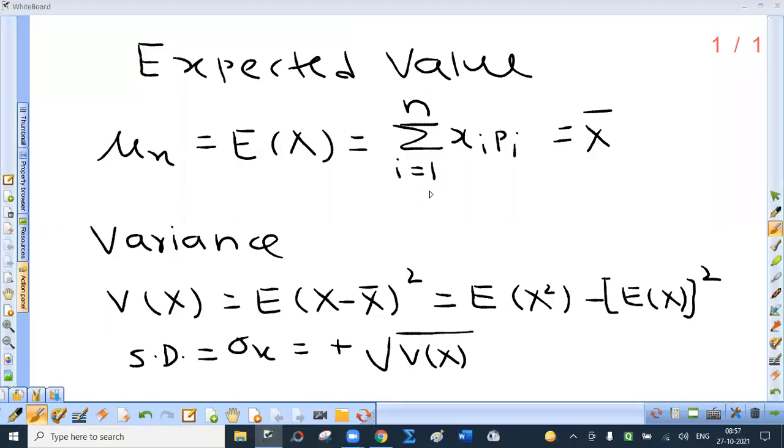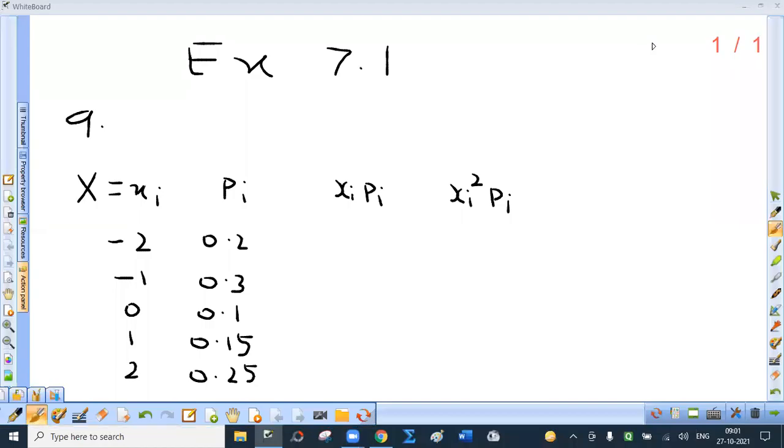Write down this. Exercise 7.1, 9th sum. Find expected value and variance of x for the following probability mass function. So we have to make table. First column is headed by values of random variable, capital X equal to xi.